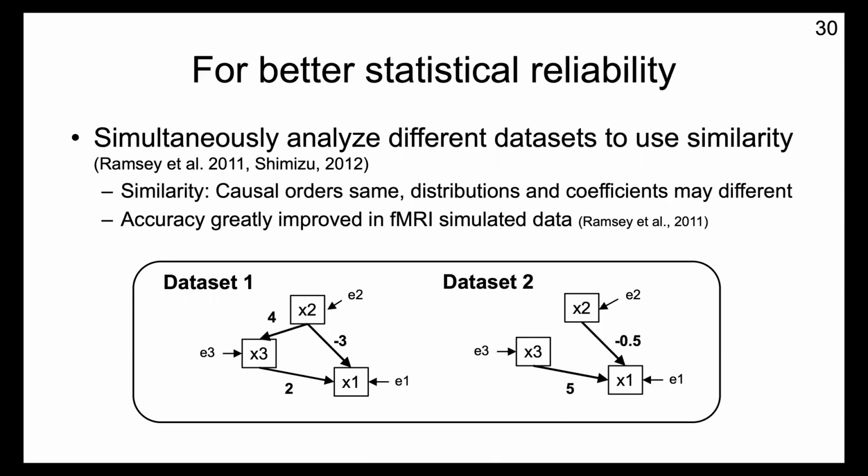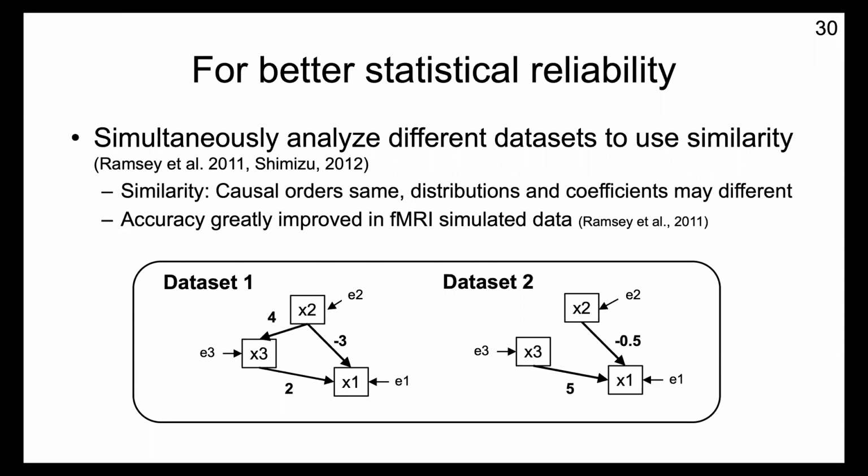Multiple datasets can be obtained by, for example, collecting data on the same set of variables from different populations or under different experimental conditions. Datasets from experiments with interventions are also acceptable.